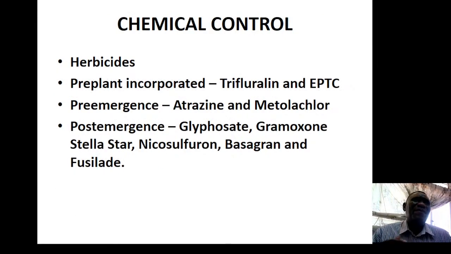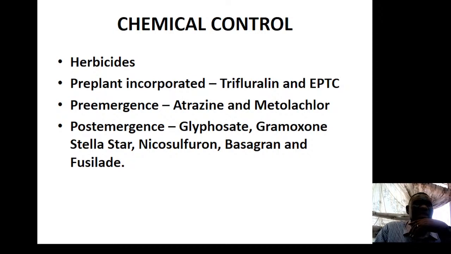Herbicides, we do have a range of herbicides to choose from, depending on the weeds which are prevalent on the farm and the cost of that herbicide. Pre-plant incorporated herbicides, we've got trifluralin and EPTC.